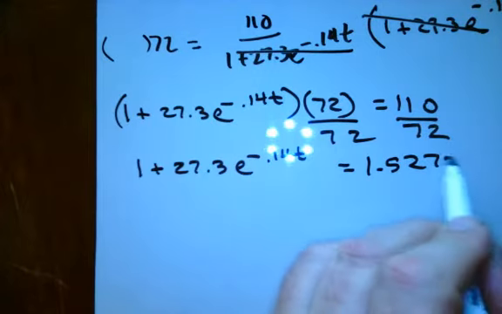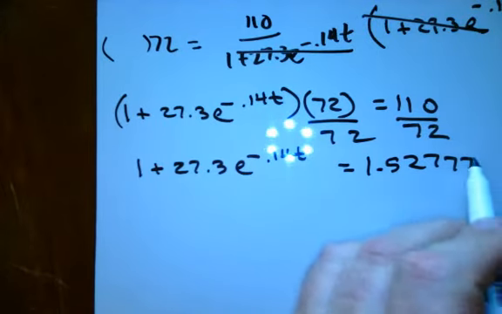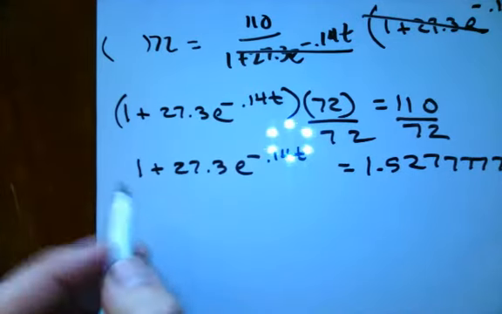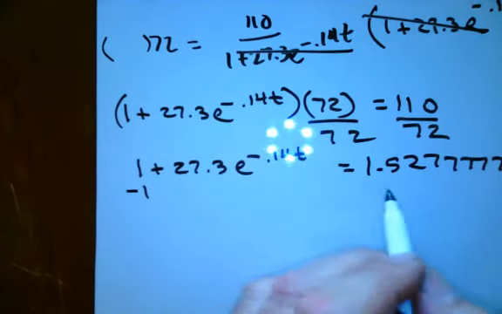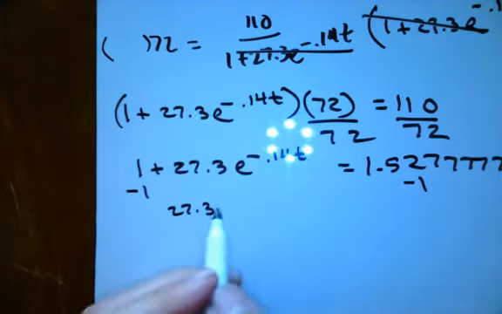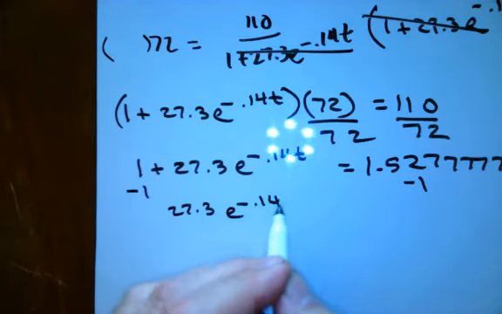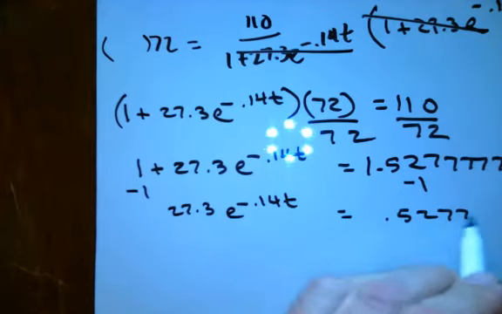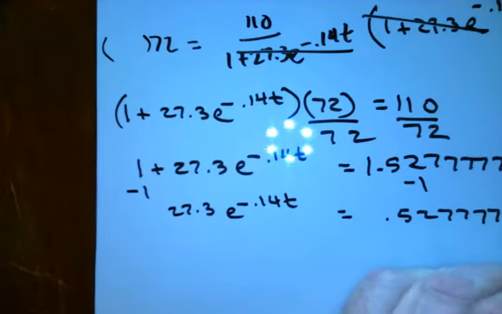So I'll get 1 plus 27.3 e to the negative 0.14 t equals, and 110 divided by 72 is 1.527777778.